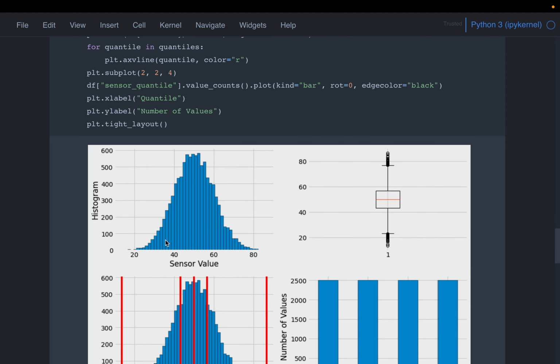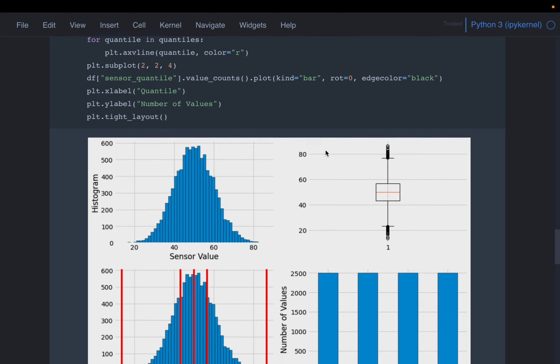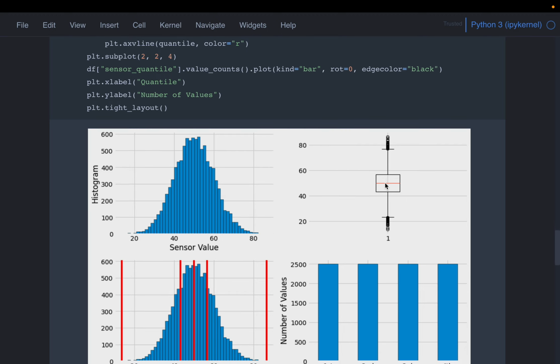And then we are just visualizing the data. So here we have the raw data histogram. Again, our values are distributed from somewhere 10 to 90. It's a normal distribution with the mean value 50 and the standard deviation around 10. Now here we are looking at the box plot, which we saw at the top. So this orange one represents the median. It's about 50. And this one represents Q1.